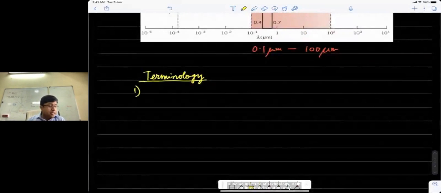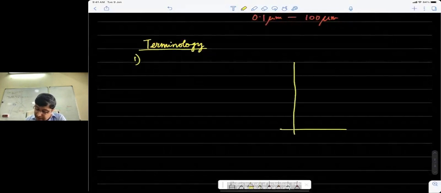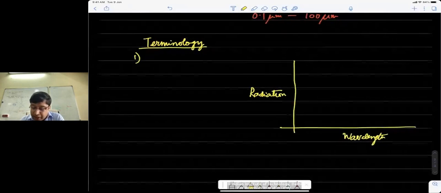The first thing I want to discuss is that radiation which is wavelength dependent has a specific name, and we will use that name every time we talk about radiation which has a wavelength dependence. So if I plot radiation on the y-axis and wavelength on the x-axis, and I'm saying radiation very loosely now, what I'm going to be plotting is some kind of radiation intensity, which we'll come to very soon.